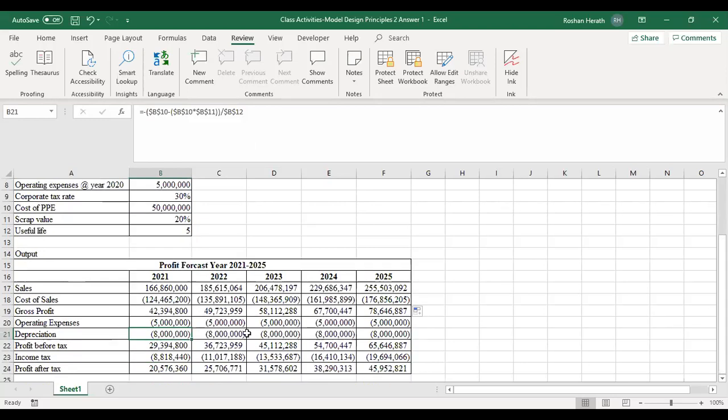Also, if the students know the SLN method, the straight line method, they can use that inbuilt formula for the depreciation as well. Then the profit before tax, again, you can make use of the sum formula and get that. The income tax is the profit before tax multiplied by the corporate tax rate, and thereby the profit after tax. This is how we generate it.